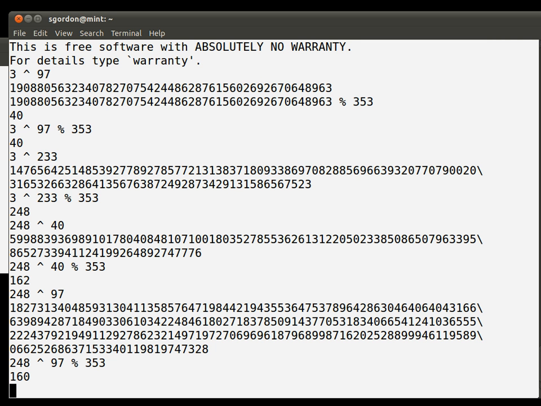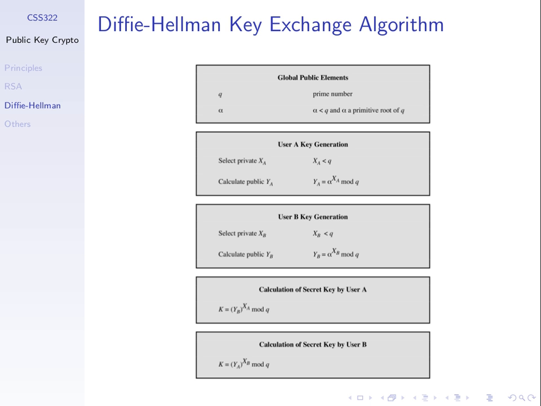User B has XB. XB is 233. YB, which they calculated, is 248. And YA, which they received from user A, is 40 in this case. Same calculation, back to our slides.